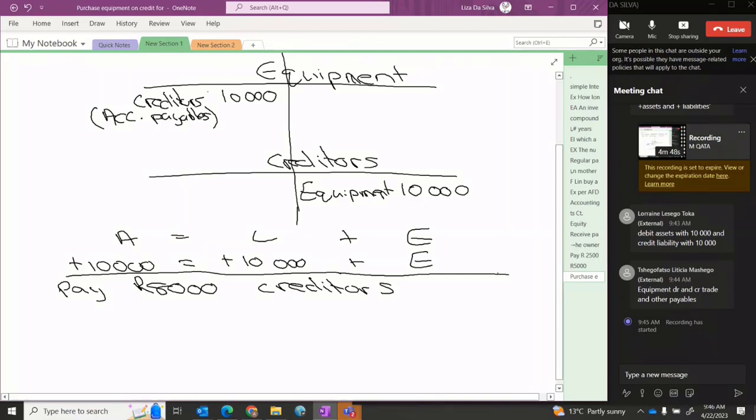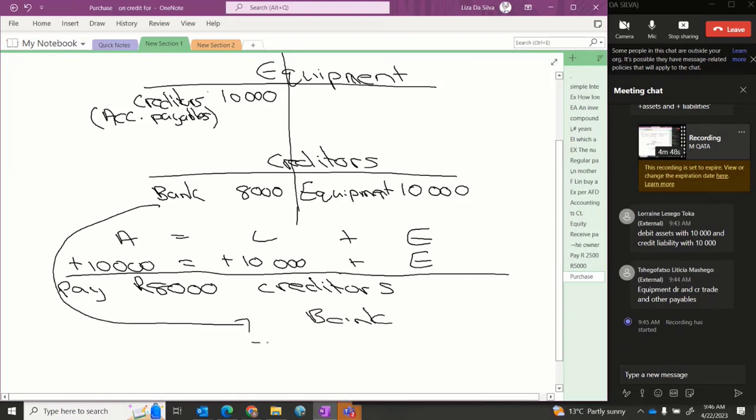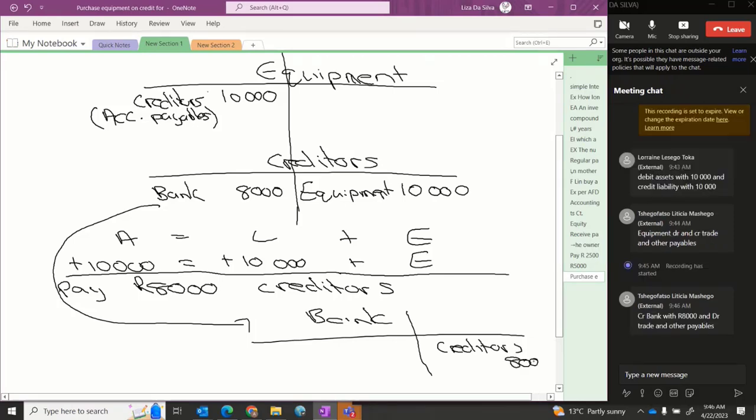Now you can see if you pay that, your creditors is going to get less. So to decrease your liabilities, you're going to put it on the debit side. And then obviously you still have your bank account, and on the credit side you're going to say creditors 8,000 rand.